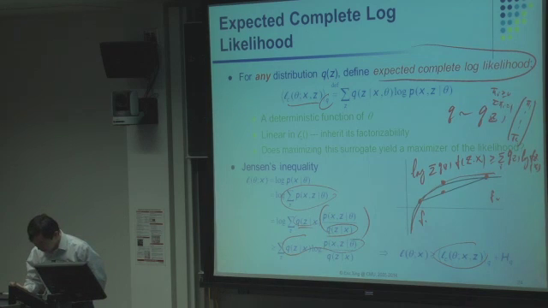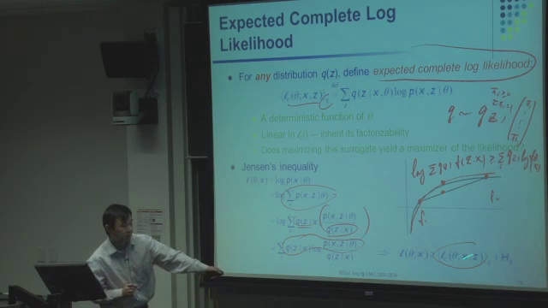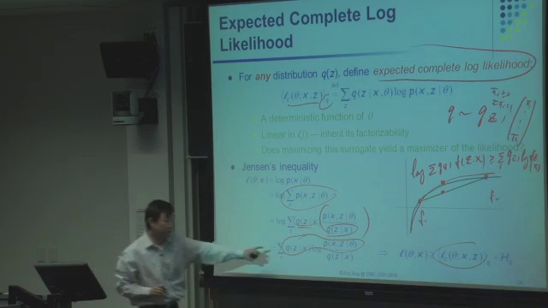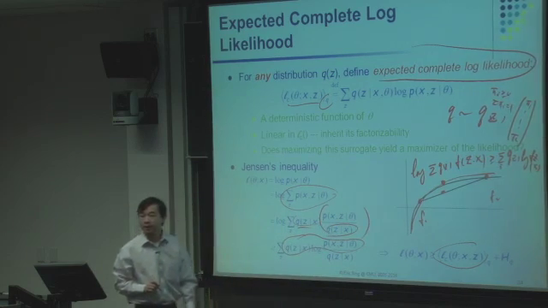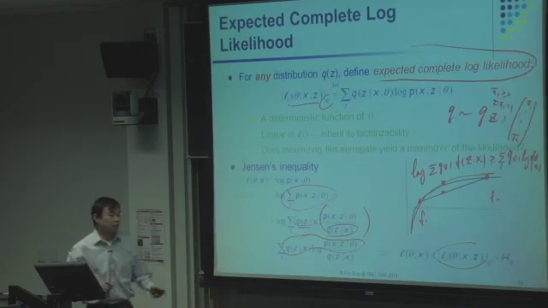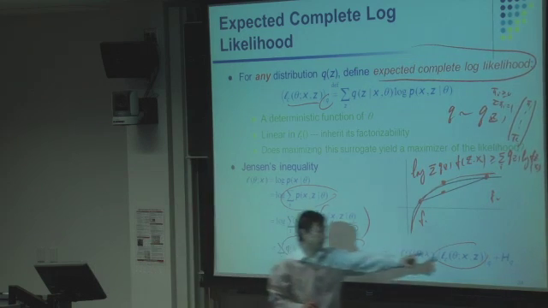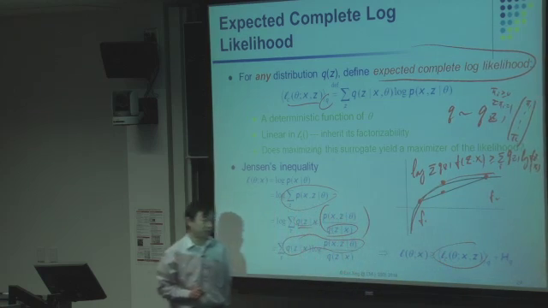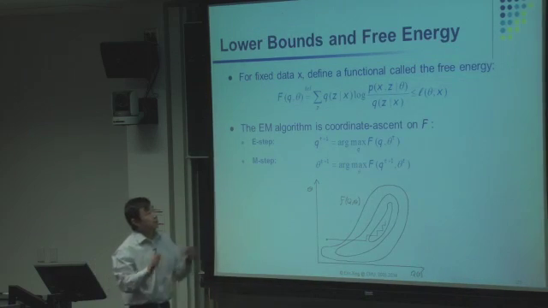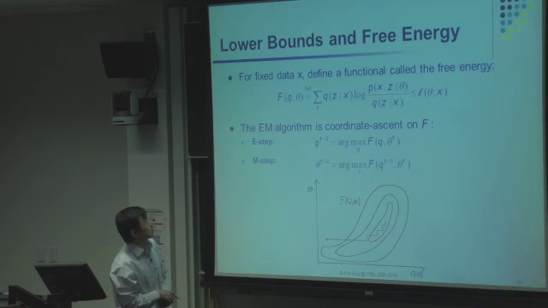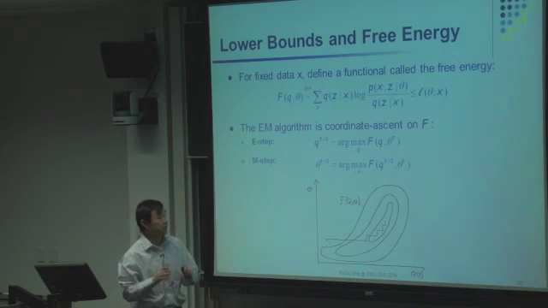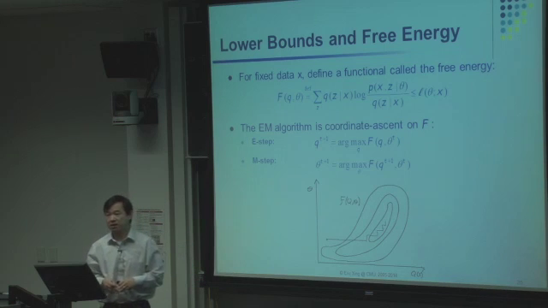And the second one is the entropy of the z function, which results from this one going with this one. Remember, the entropy function is always positive. Therefore, you can remove that and define a strict lower bound of the original likelihood. So after all this derivation, we at least established that the complete log likelihood is upper bounding this f function, which is the sum of an expected complete log likelihood plus an entropy of the hidden variable.